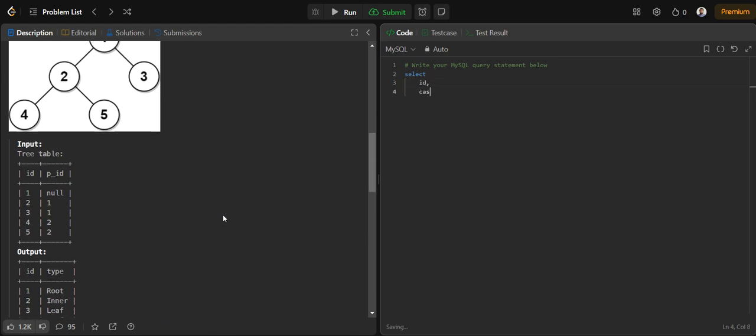Then I need the type. So I will write CASE WHEN PID is null, then it will simply be root. WHEN ID IN, if the ID is present in, I am writing a subquery here.